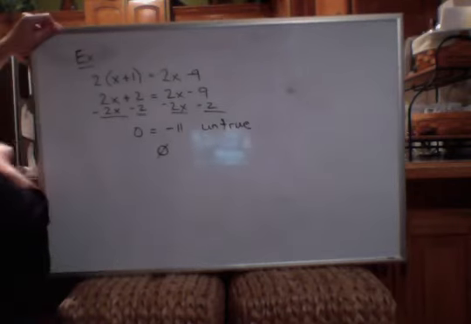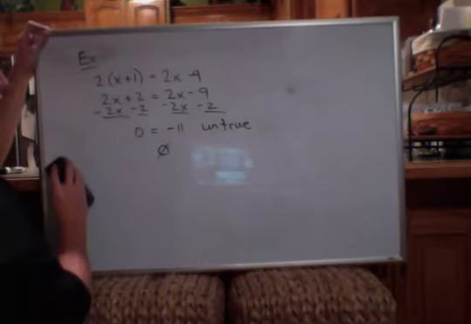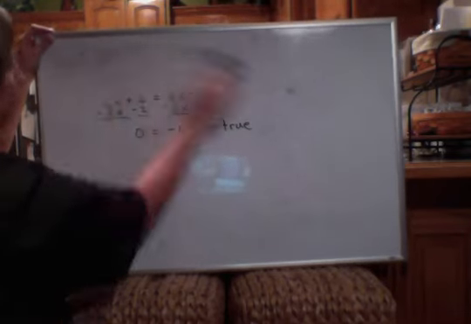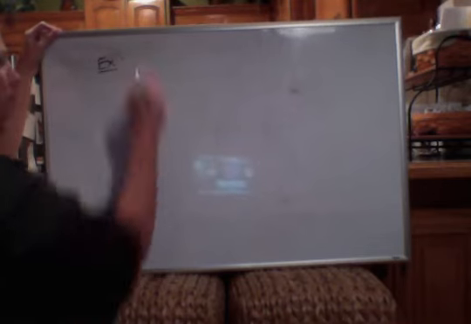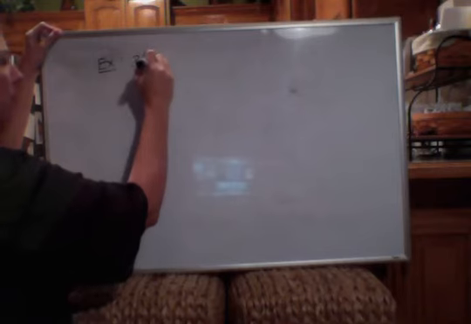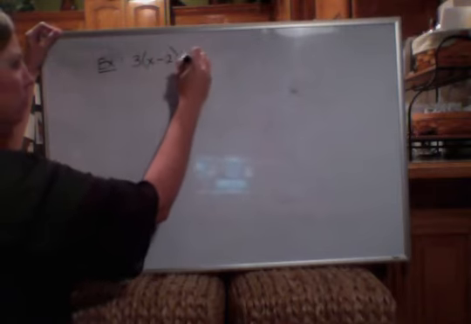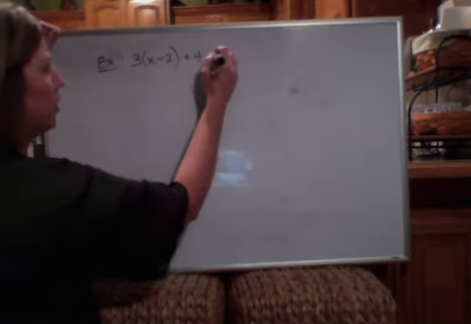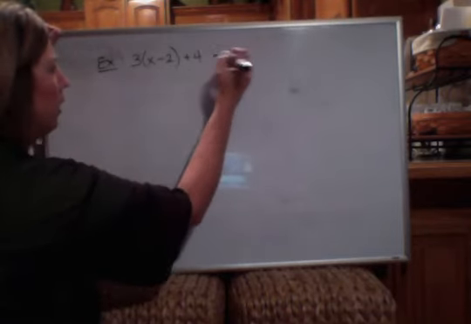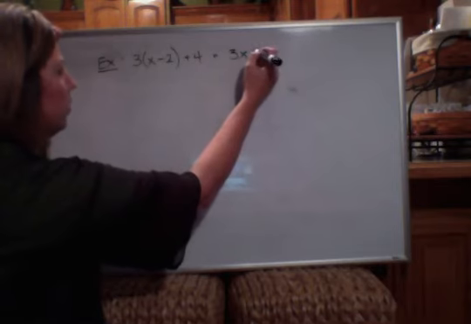Okay? So that's one type of problem that you might run into today. Let me show you one other one that you might run into. Let's do 3 times (x minus 2) plus 4 is equal to 3x minus 2.